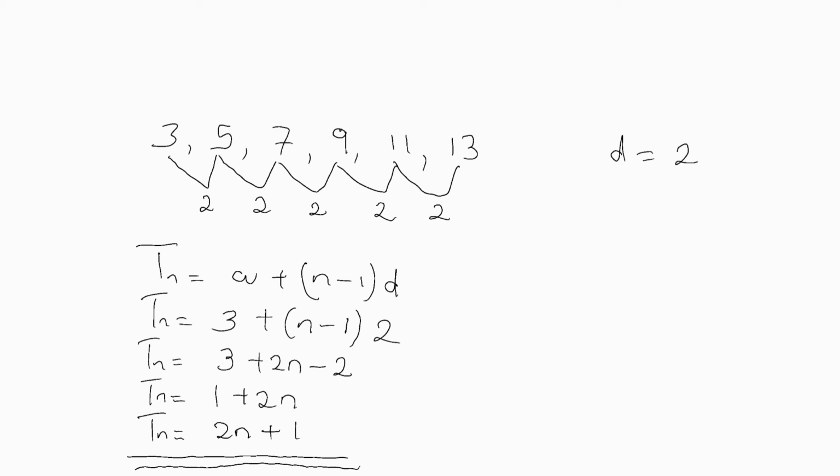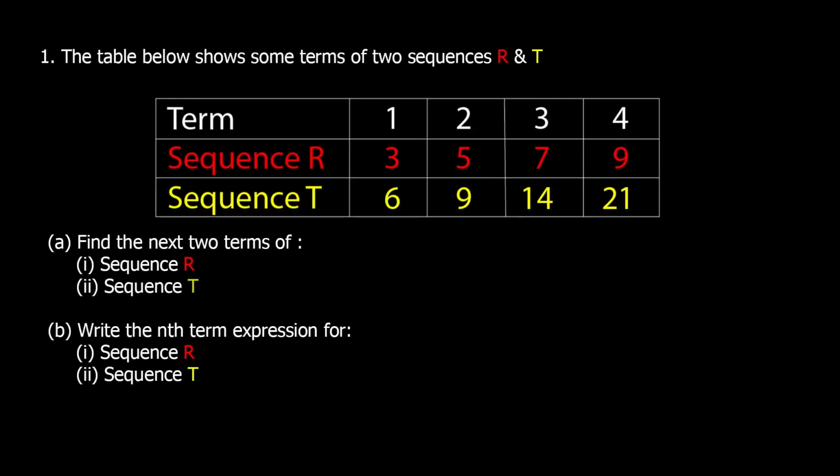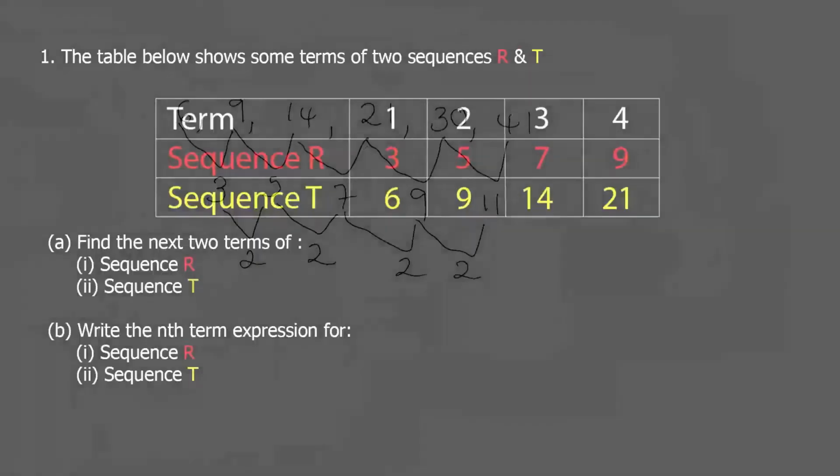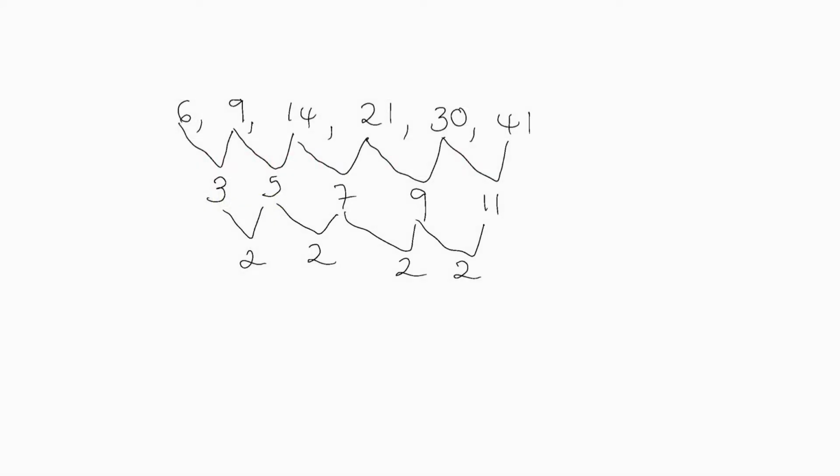Let us proceed to Roman figure number 2. With Roman figure number 2, we are supposed to find the nth term expression for sequence T. And again, that means we have to find the equation that determines sequence T. When we were doing A, we found that sequence T is a quadratic sequence.